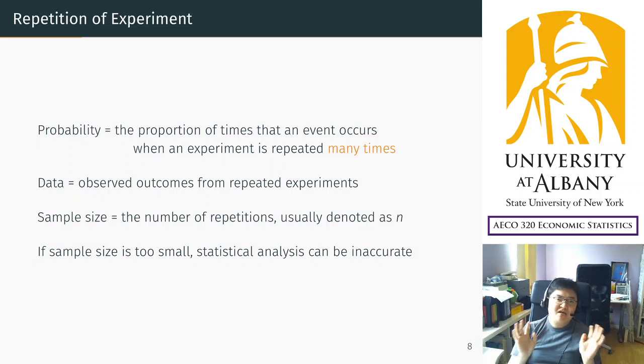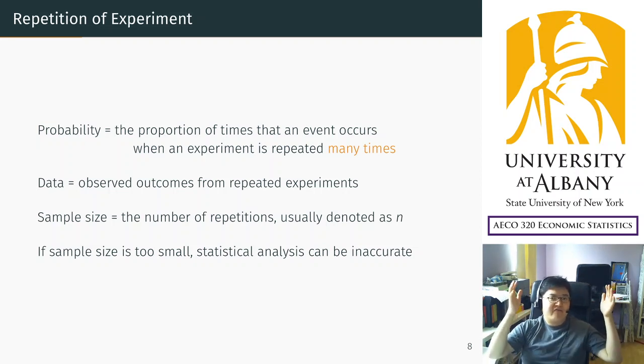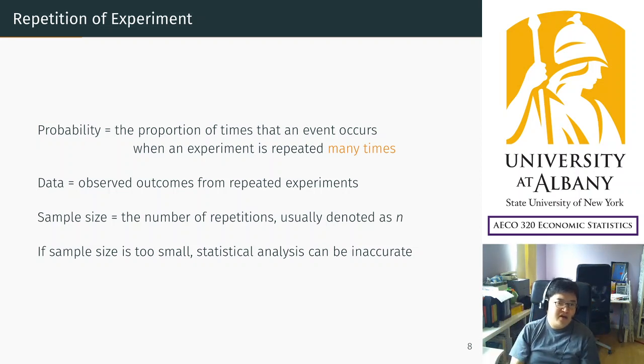Any method, any technique cannot overcome a small sample size. So you have to understand that. Having enough sample size is the first and most important thing to do in statistical analysis. And you have to do whatever it takes to increase the sample size. That is the best way to increase the accuracy and quality of your analysis. Anyhow, repetition of experiment is important.